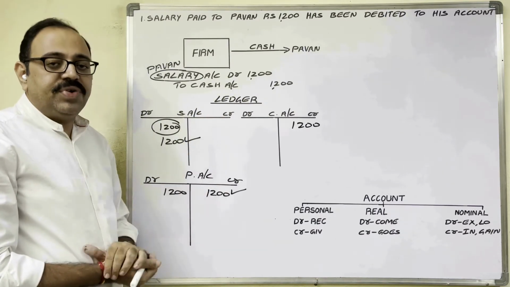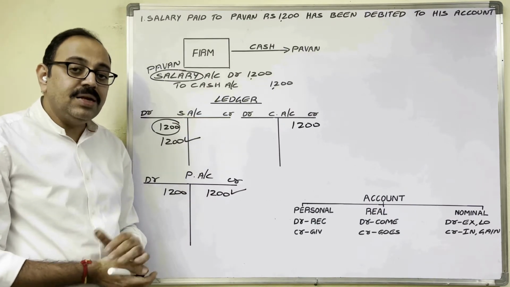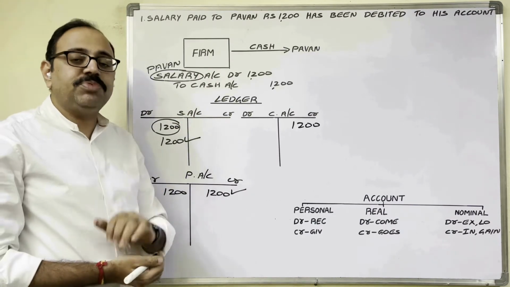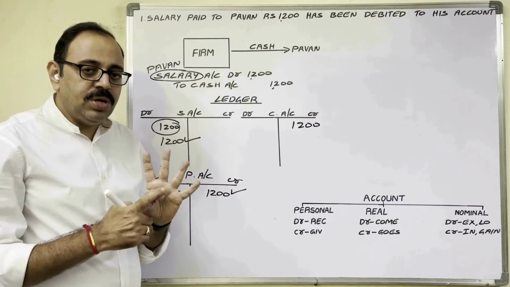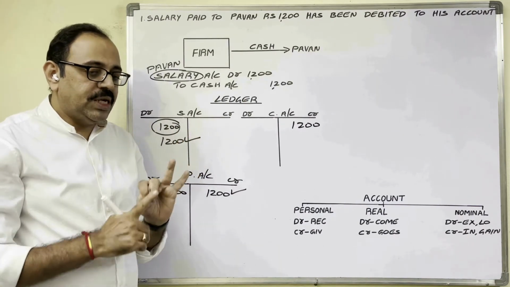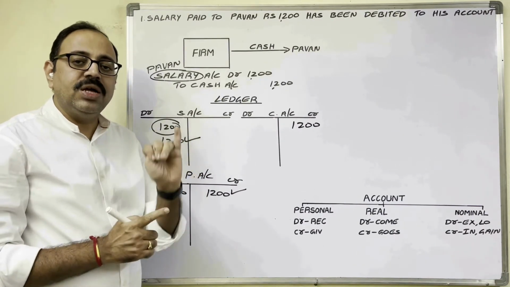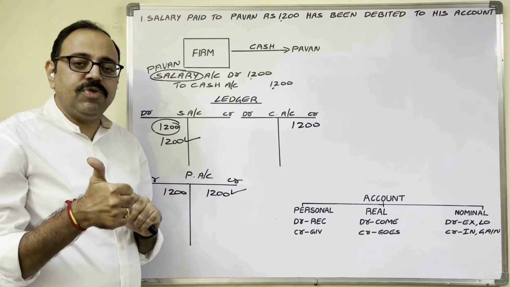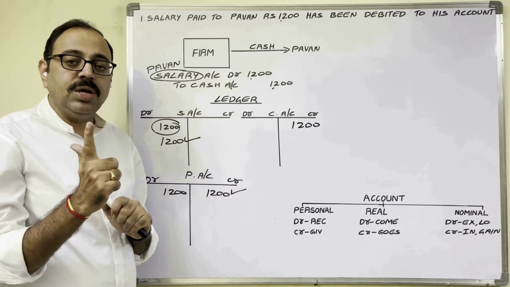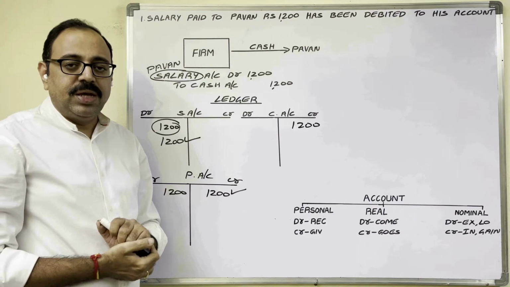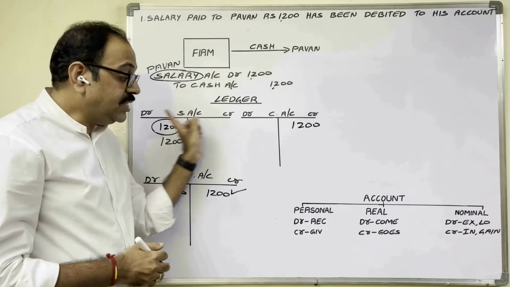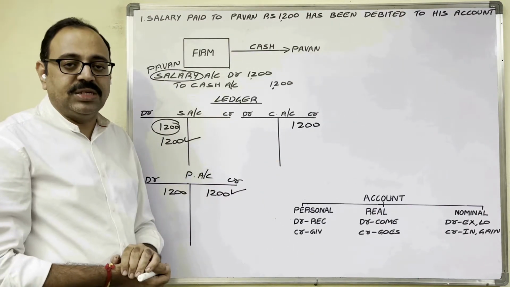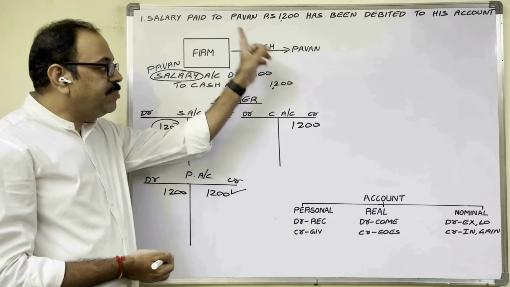If it is a big firm, big firms maintain subsidiary books. Total 8 subsidiary books we have: purchase book, purchase returns book, sales returns book, cash book, bills receivable book, bills payable book, journal proper. In journal proper, we should write these rectification of error entries. Our assumption is this is a big firm.